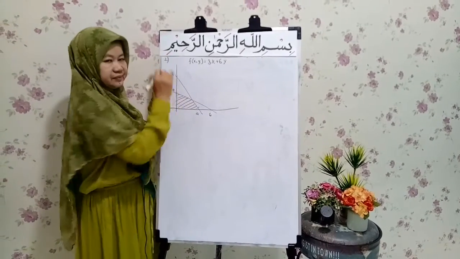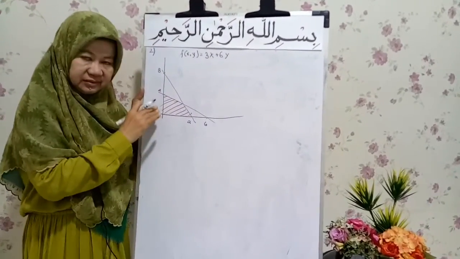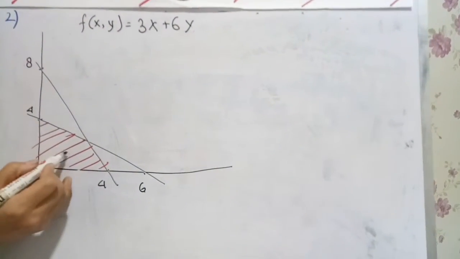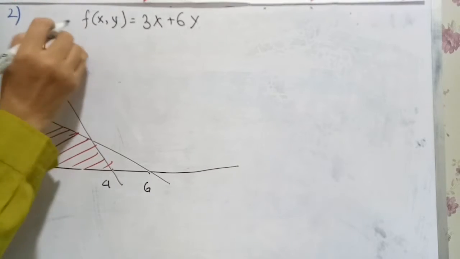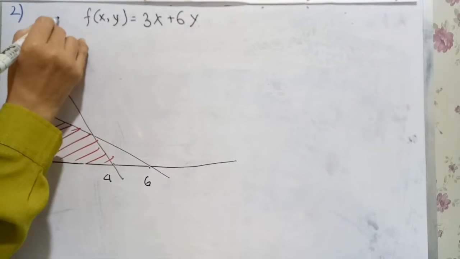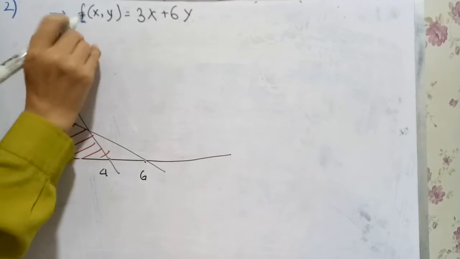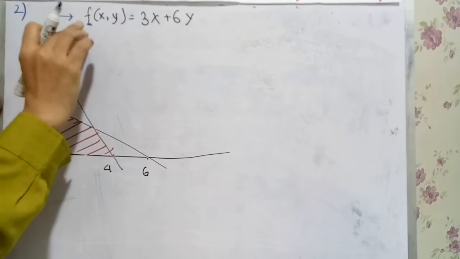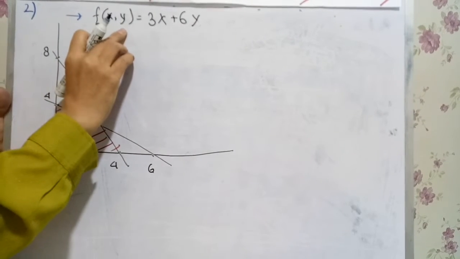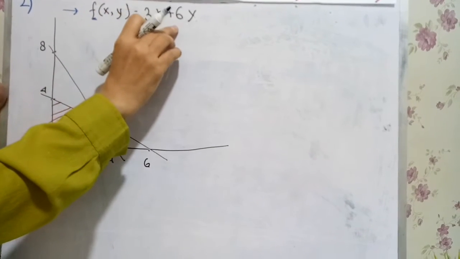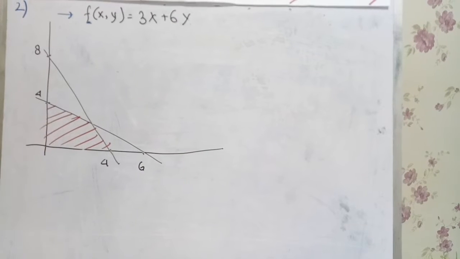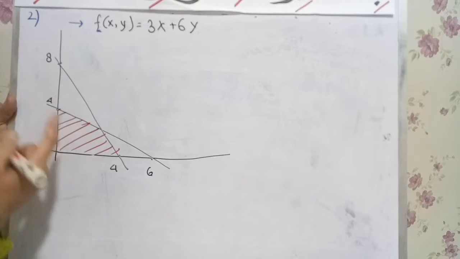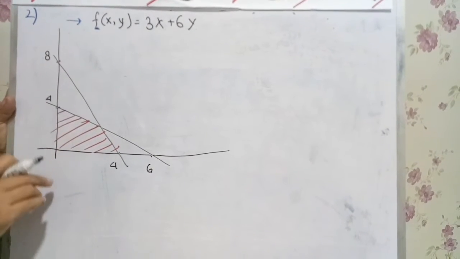Example number 2. You are given a graph like this with a solution region in red here, and you have to find the maximum of this function. You are given an objective function of x and y equal to 3x plus 6y. Now we have a point here and here, and we have to determine the equations.